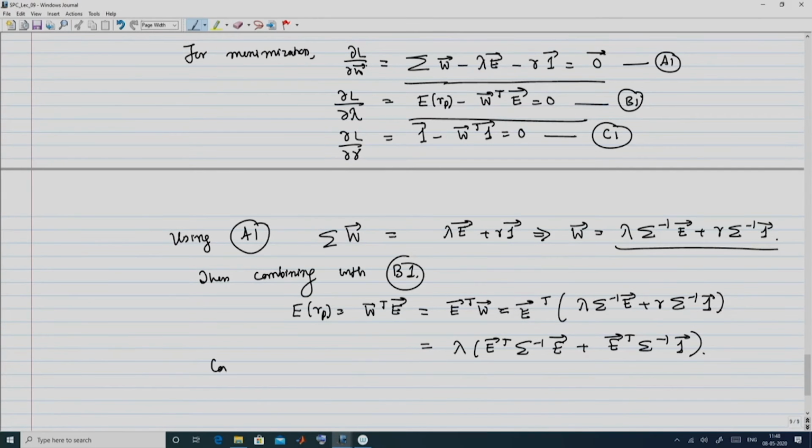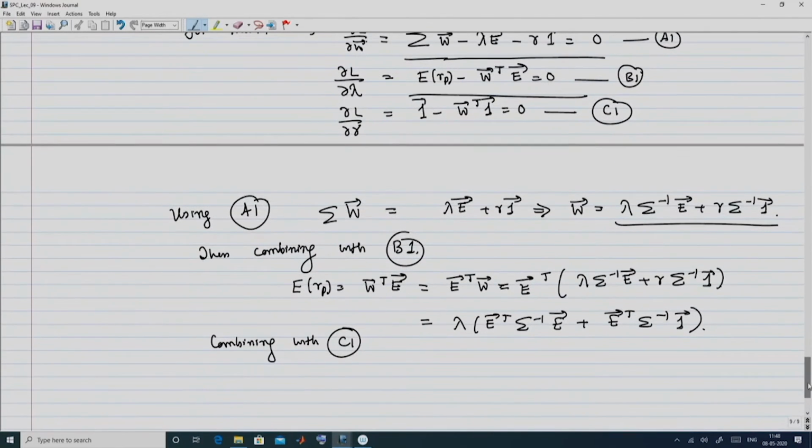Again, combining A 1 with C 1, what do we get? So, we carry out the same exercise with C 1 now. So, this gives me 1 is equal to W transpose 1, which is equal to 1 transpose W, which is, now what is W?